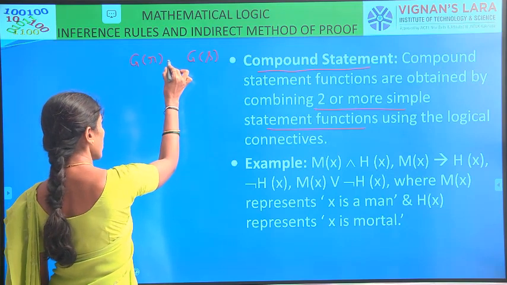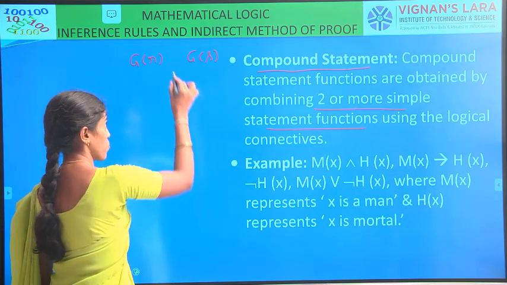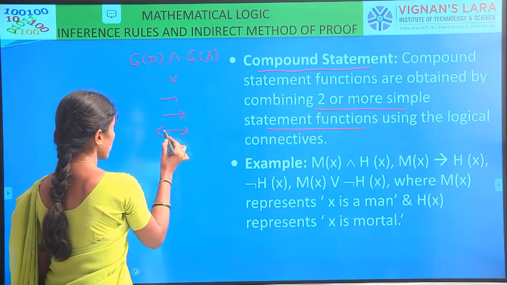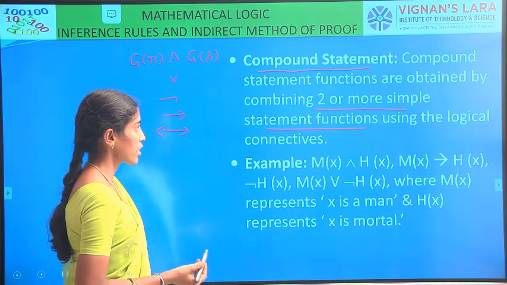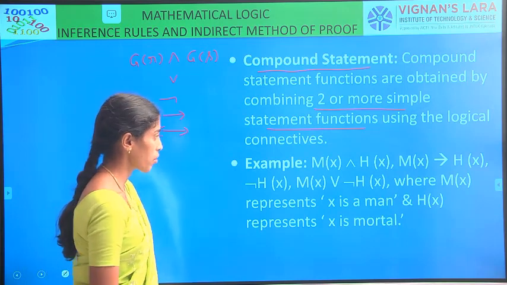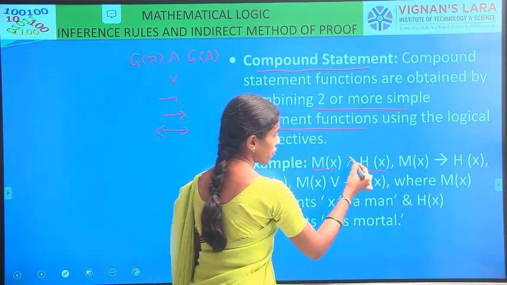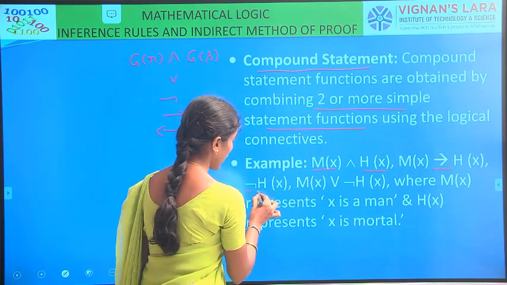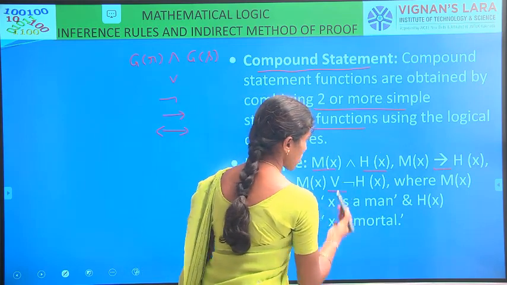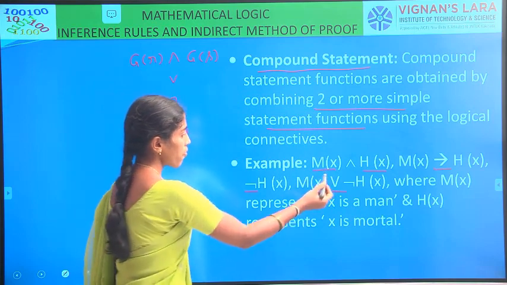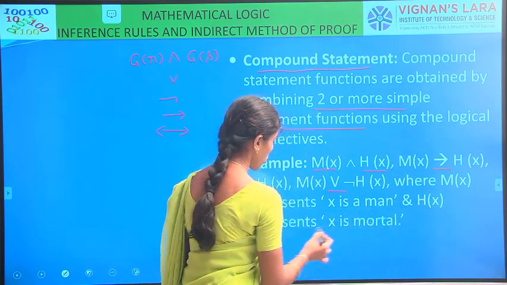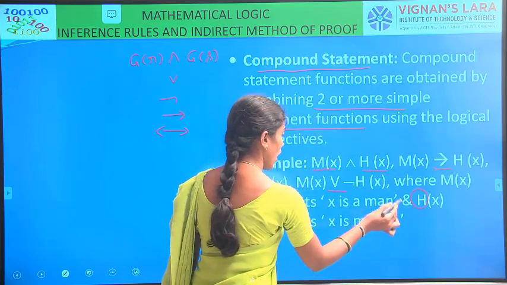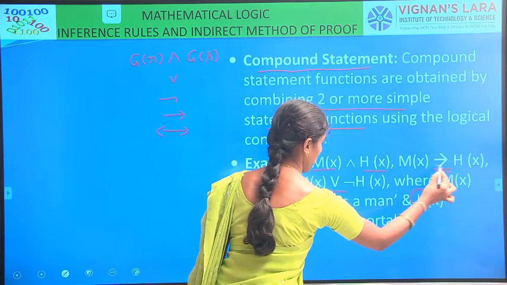Suppose I join these two using the logical connectives AND, OR, negation, conditional, biconditional, we will get different statements. We call those compound statements. See here, M of x and H of x are joined by the AND symbol, conditional, negation, OR symbol. Where M of x represents that x is a man, H of x represents x is mortal. So H stands for mortality, M stands for man.